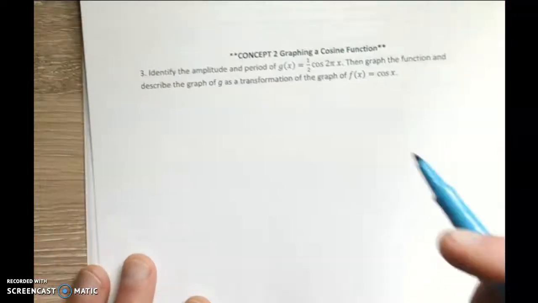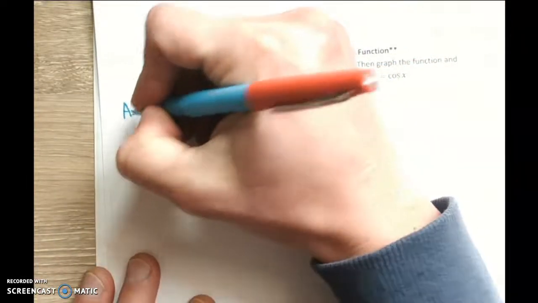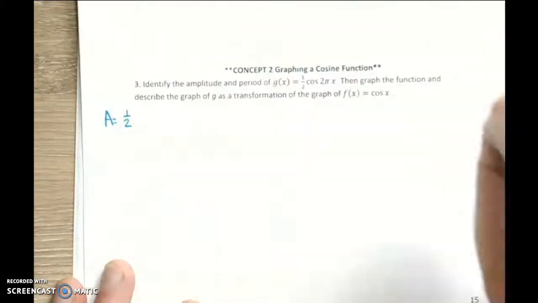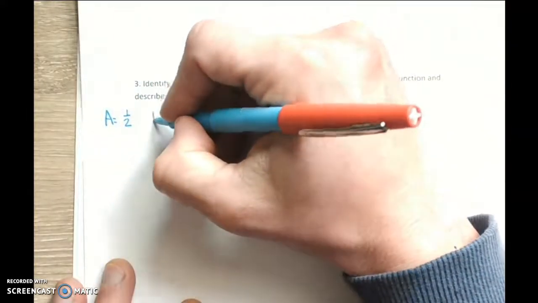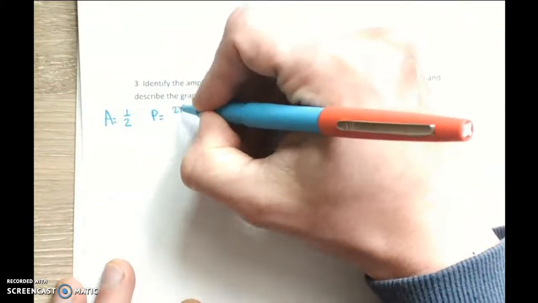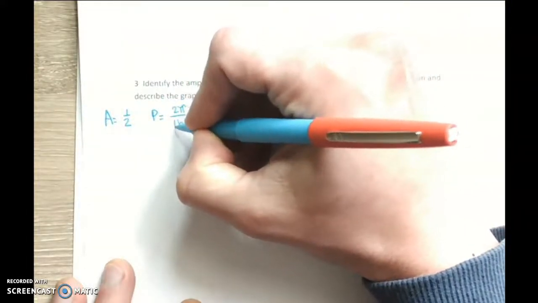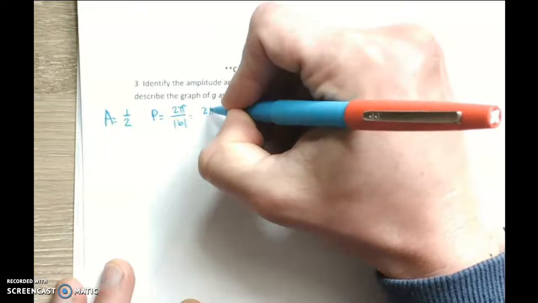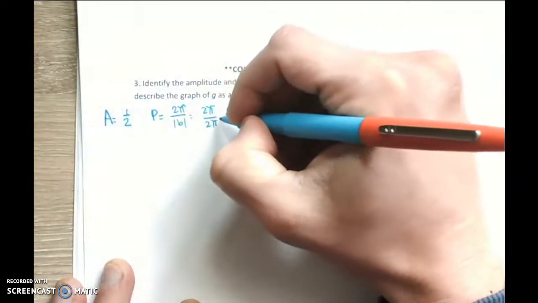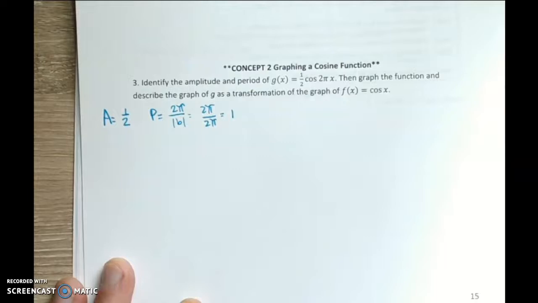I'm going to start with A, and that is right here, 1/2. It's the absolute value of 1/2, which is just 1/2. I'm going to go to P, my period, and that's 2 pi over the absolute value of B, which is 2 pi over, in this case, 2 pi. And that's 1.